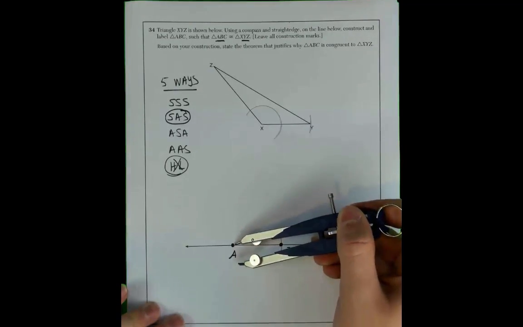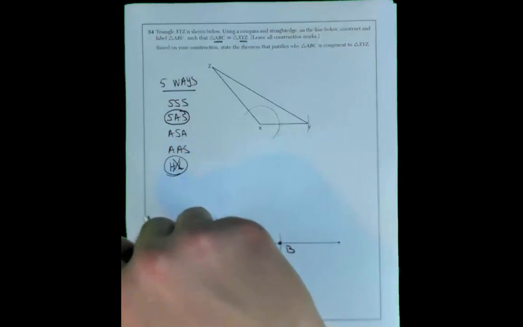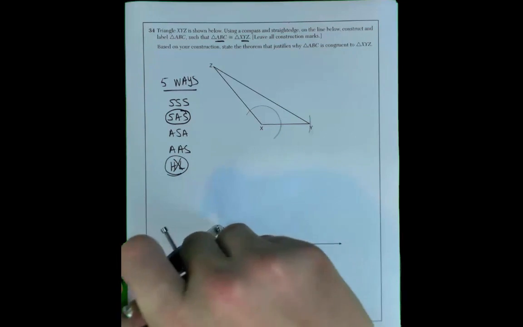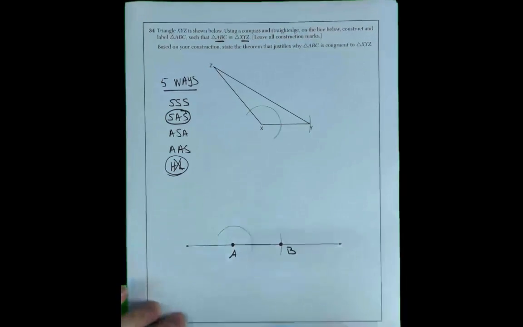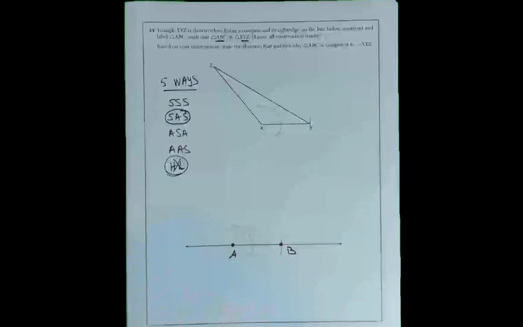Without changing your compass setting, I then repeat the process on the working line below, and I just redraw that arc. Now make sure that the arc goes really far past what you intend it to be, meaning that this should be a little bit longer than the one that you have up here just to ensure accuracy.